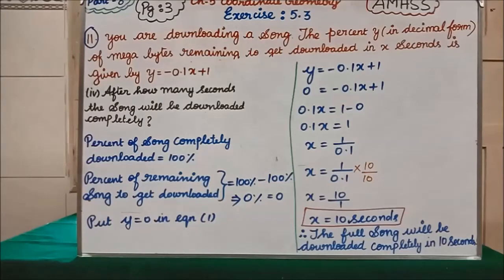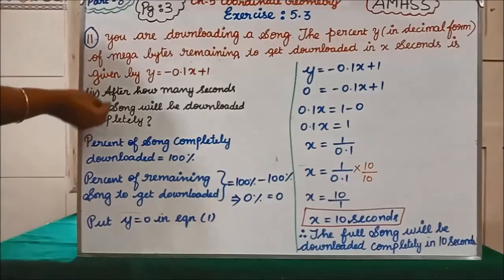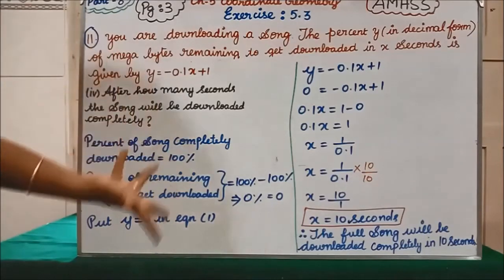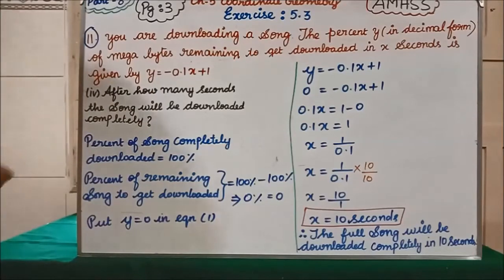The song will be downloaded completely. So y denotes what? Yet to be downloaded. Yet to be downloaded means some part is still remaining. But in the question, they say the song is downloaded completely, which means y is what? 0. Clear?